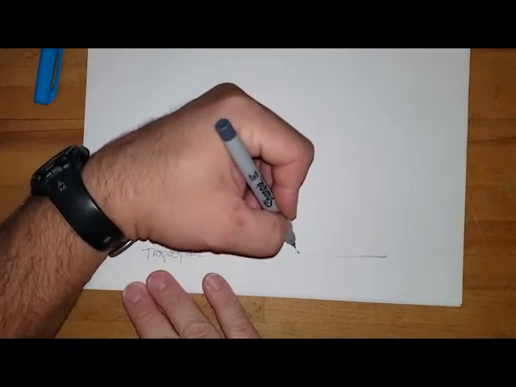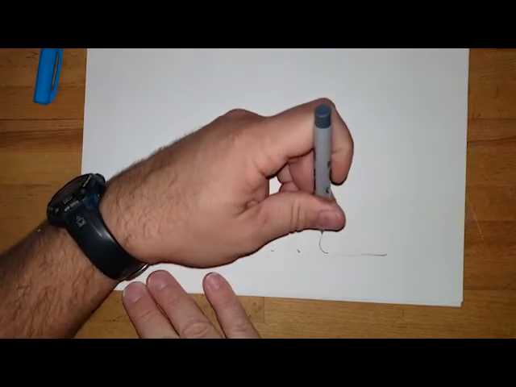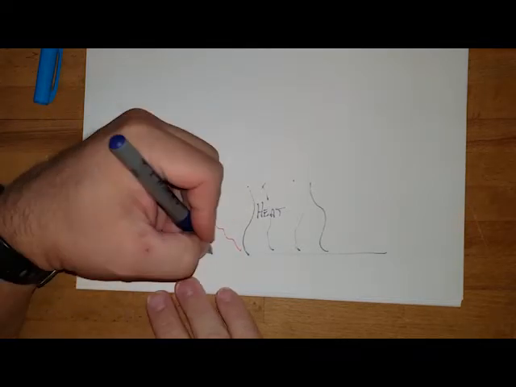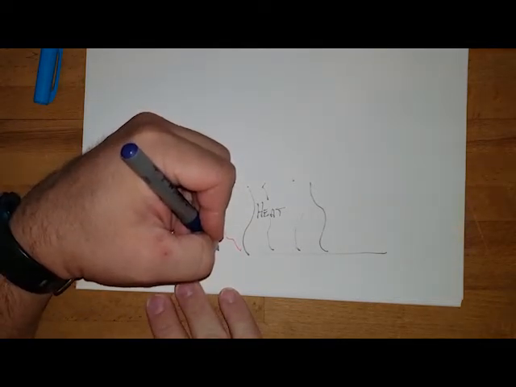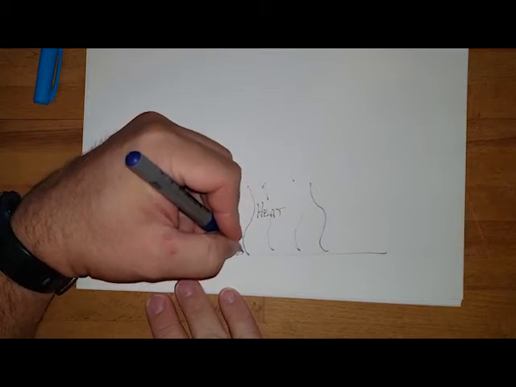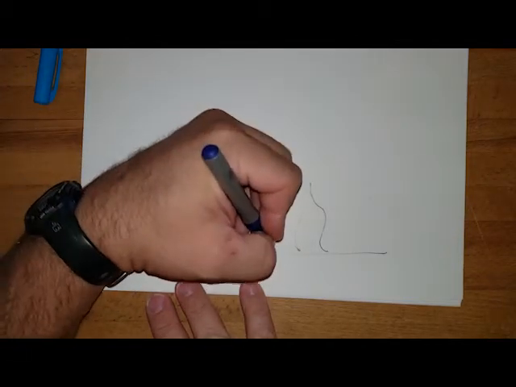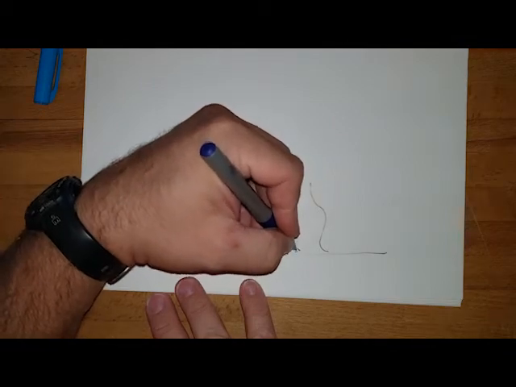All right. Now, in the troposphere, the source of heat is the surface. Not the source of energy, energy is coming from above, the source of heat is the surface.